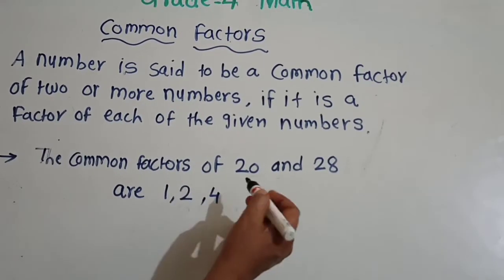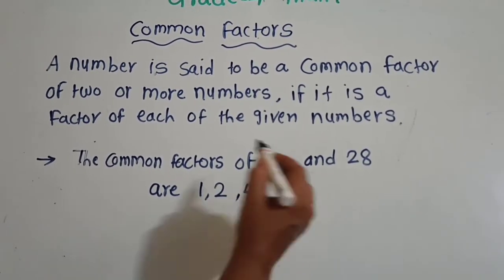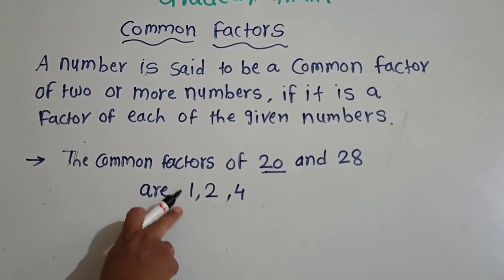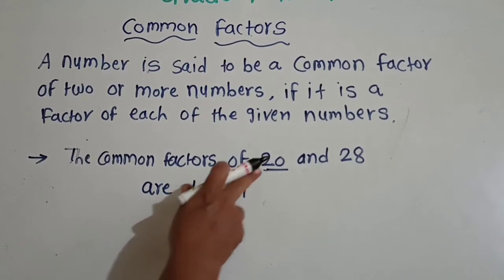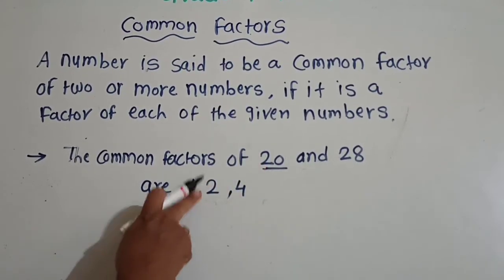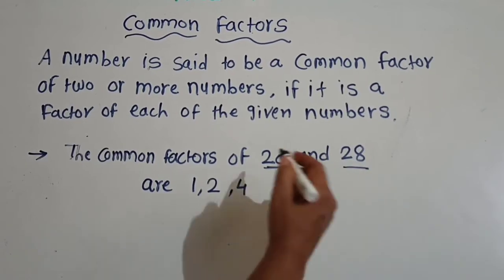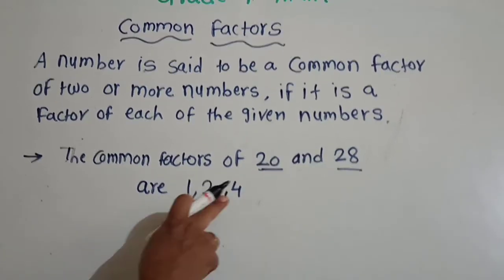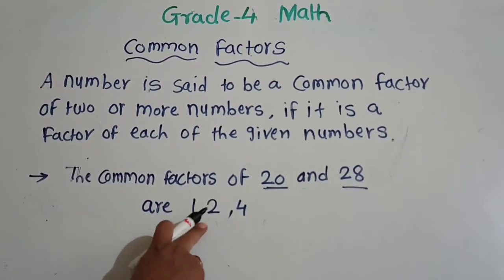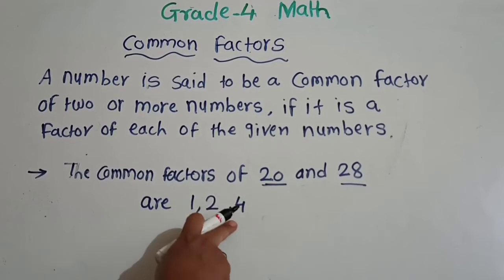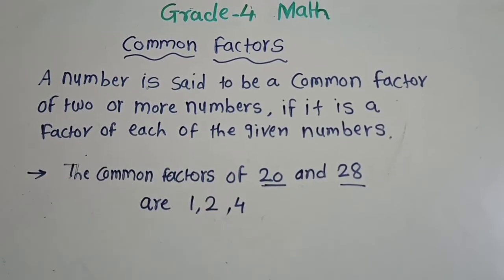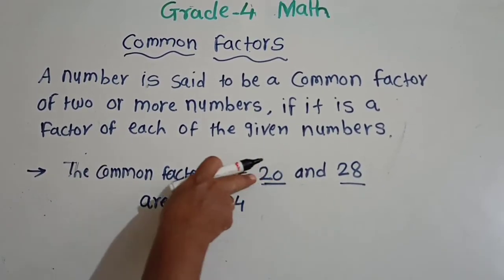They are factors of 20 and they are also factors of the other number. When we see the common factors, those numbers are the common factors of the given numbers.